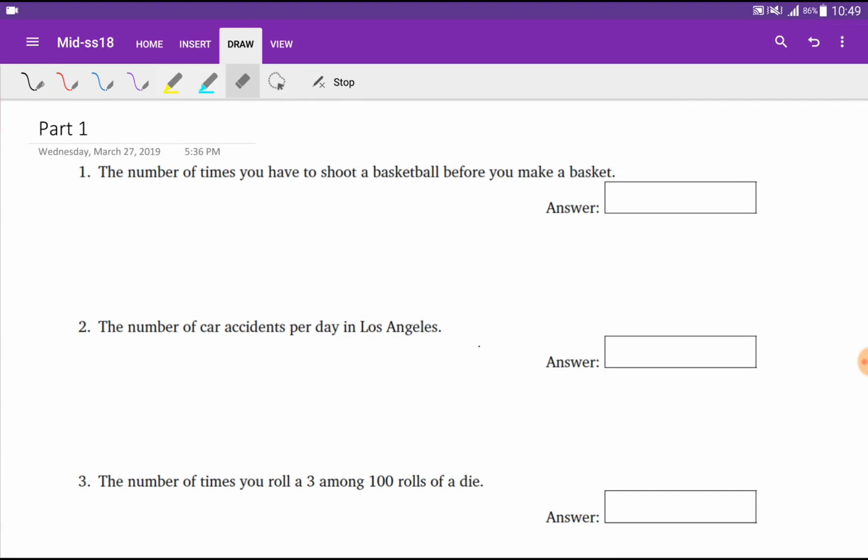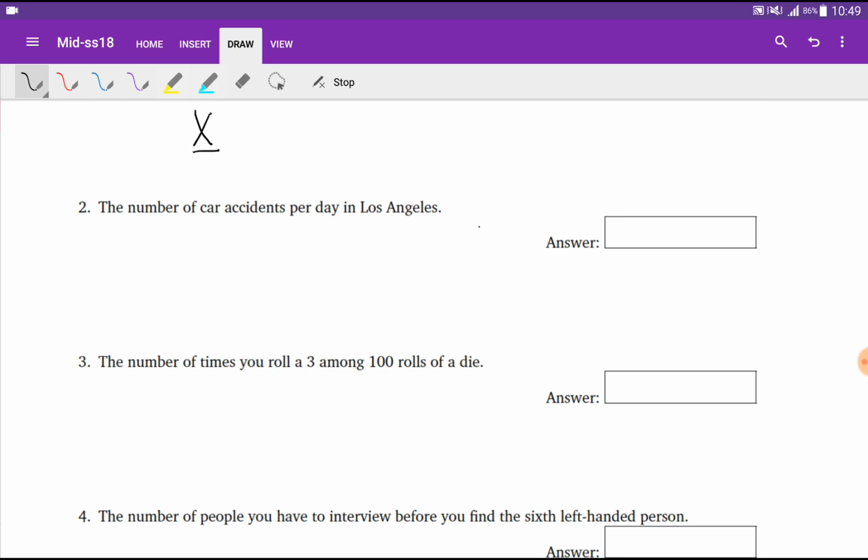So in the first problem, we're given the random variable, which is the number of times you need to shoot until you get a basket, right? So this is the number of trials until you get a first success, and we can use the geometric distribution for this random variable. Question number 2 is the number of accidents in one day, right?